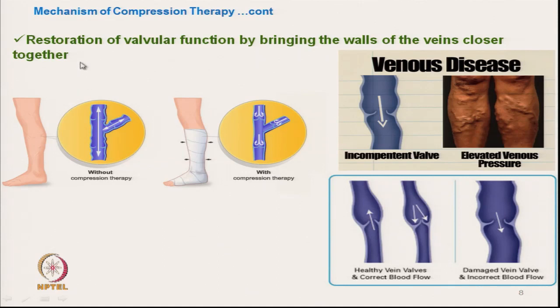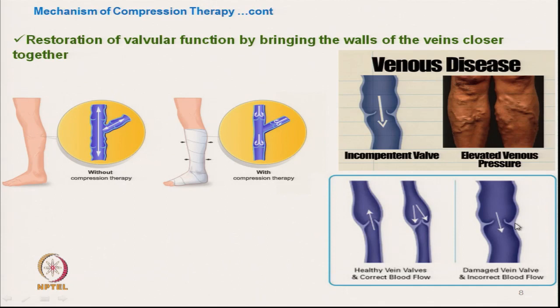So, restoration of valvular function by bringing the walls of the veins closer together, that is very important. Here the walls are wide apart. So, valve functioning is not proper.